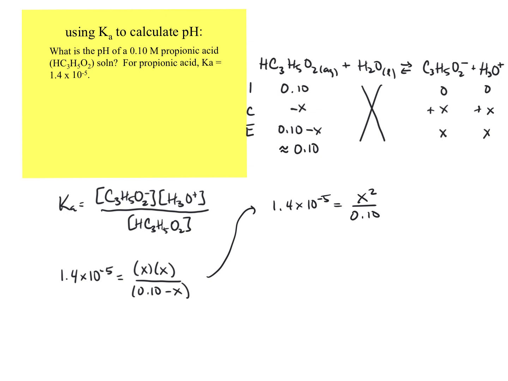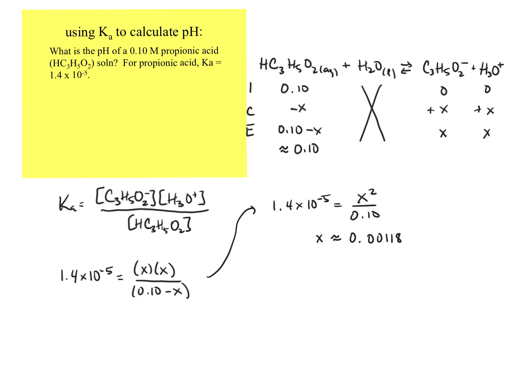So when you solve that, you're going to multiply both sides, of course, by 0.1, and then square root both sides to give you X is approximately equal to 0.00118.